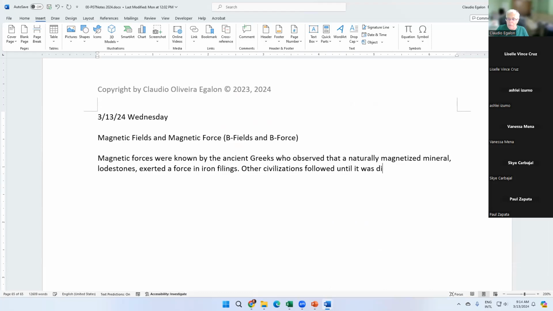Other civilizations followed, when it was discovered that pieces of lodestone would point in the north-south direction. Okay. This device started to be used as a rudimentary compass.